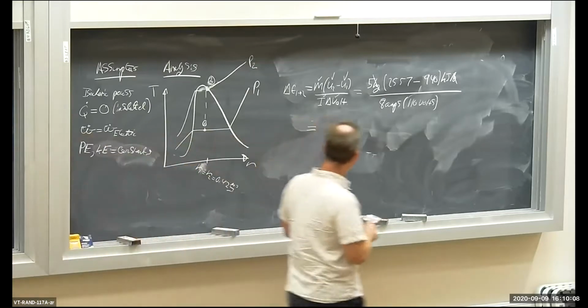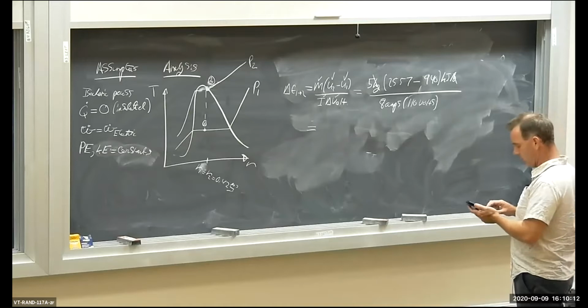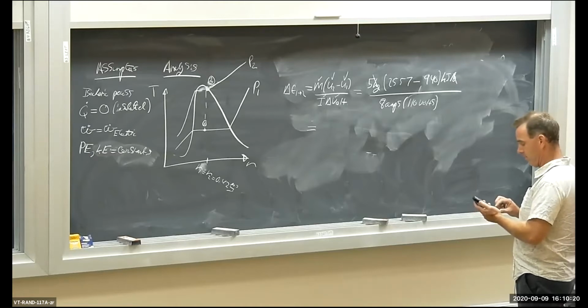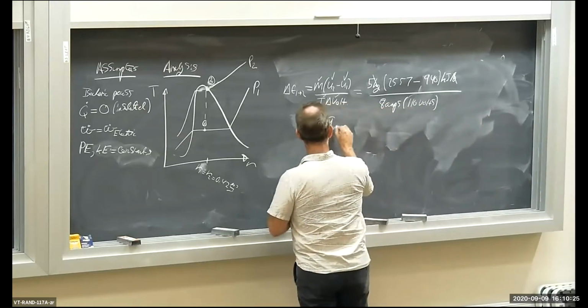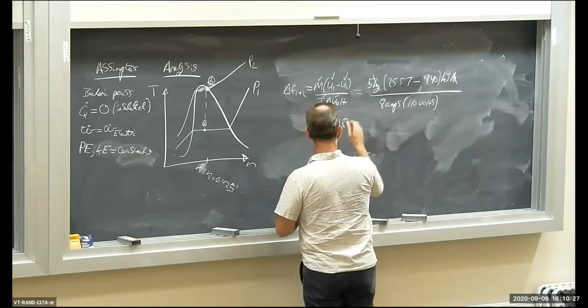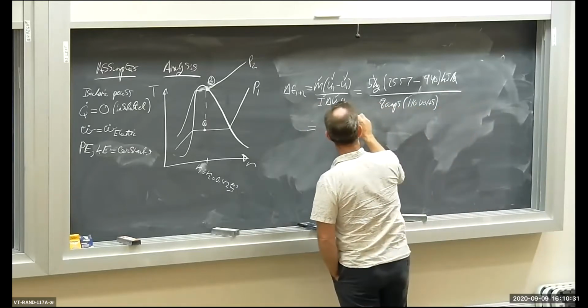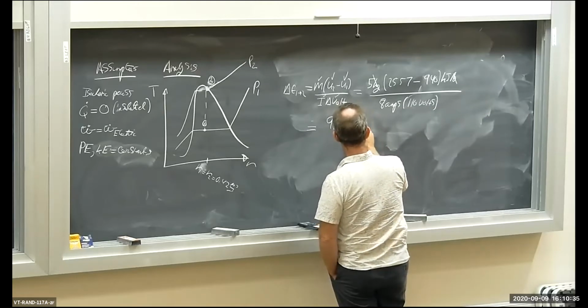So we have 2,557 minus 940, times 5, divided by 8, divided by 110. And I get 9.18, and then my units are kilojoules, over an amp times a volt.